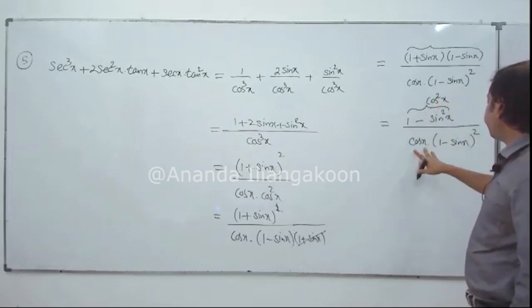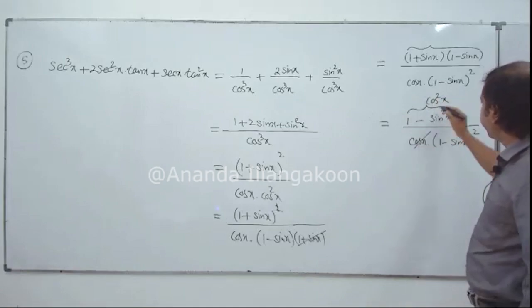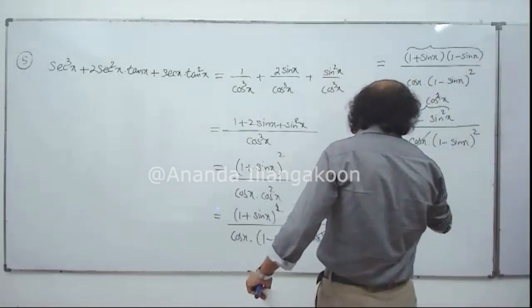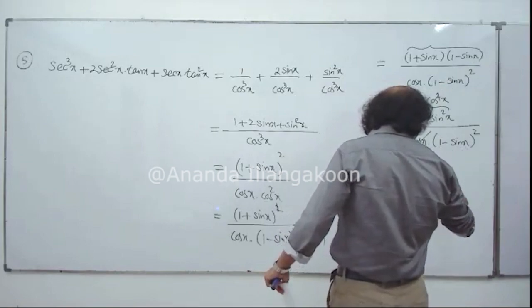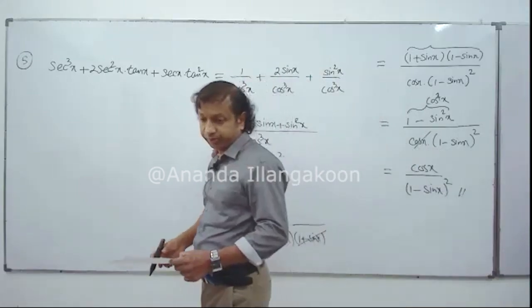Then one cos x we can cancel with this cos squared x. Then numerator we have cos x, denominator we have (1 minus sin x) perfect square. Cos x divided by (1 minus sin x) perfect square. This way we get the answer.